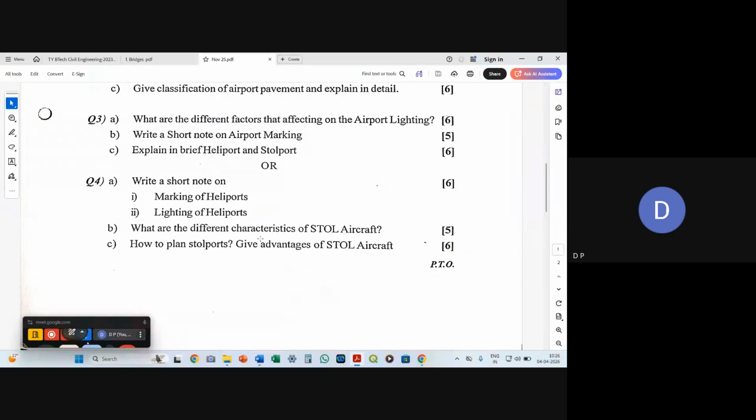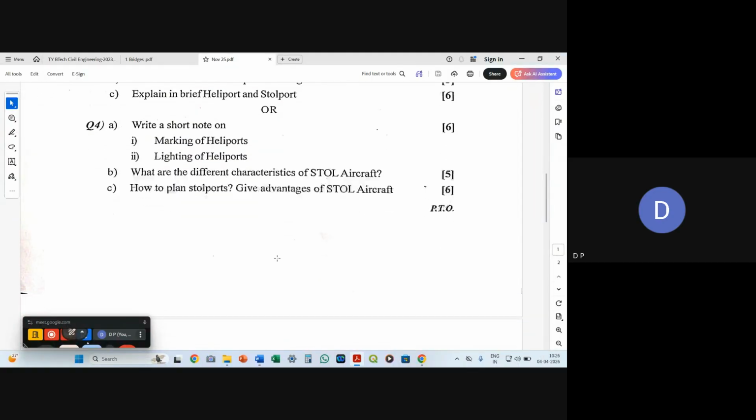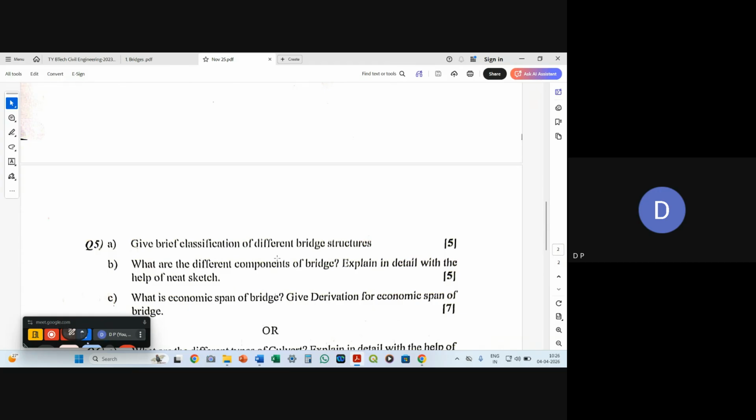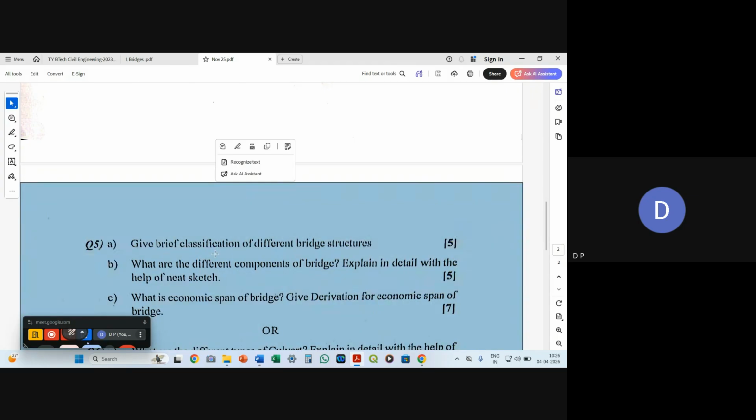What are the different characteristics of STOL aircraft? STOL and VTOL, these two terminologies are important. Short takeoff and landing, vertical takeoff and landing. How to plan STOLports, give advantages of STOL aircraft. Now you can see a number of airport infrastructure facilities during this war situation also.